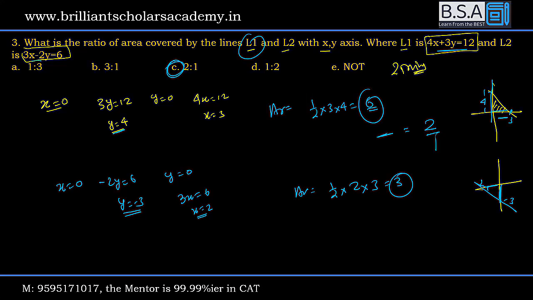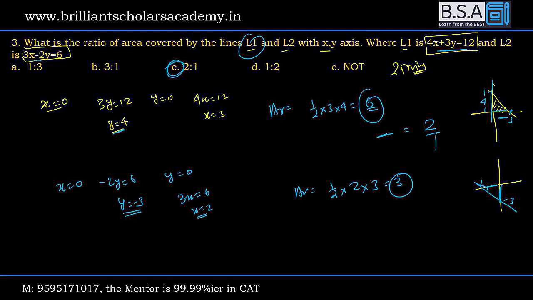This is not CAT level. This might be a small part of some large problem. This is right now maybe CET, SNAP level. But we are practicing, we are learning new things. So why not? By putting x is equal to 0, then y is equal to 0, you get intercepts.